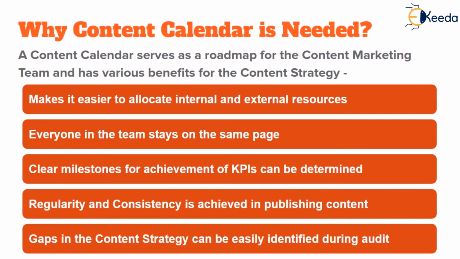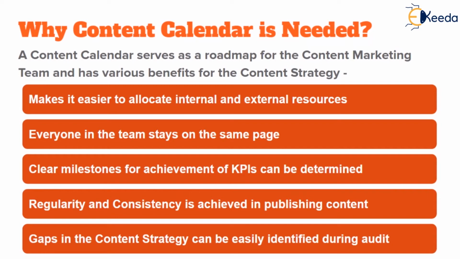Then it can also expose gaps in your content strategy during an audit, because it's possible that going on a weekly basis or a daily basis, as you keep on creating content, you may not notice that you have missed certain areas of your topic niche. You may not notice that you are over exerting or over stressing on certain other areas.